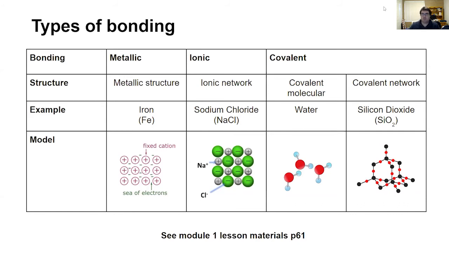When we're talking about ionic materials, in most cases, just like metals, you have a network solid. But in the case of an ionic material, it is a network solid made up of positive and negative cations and anions.